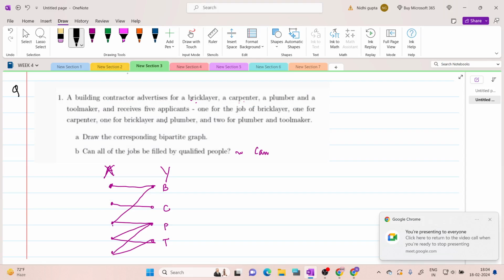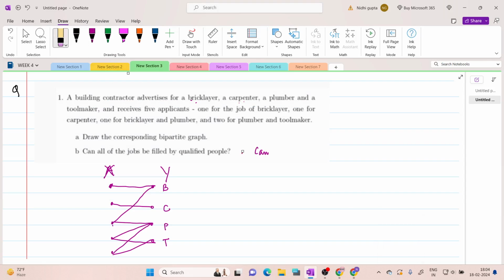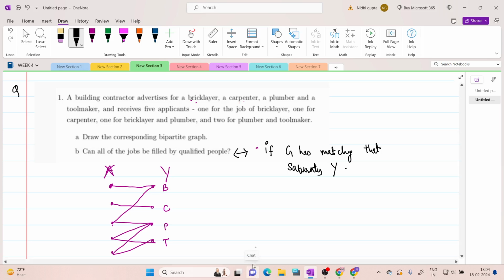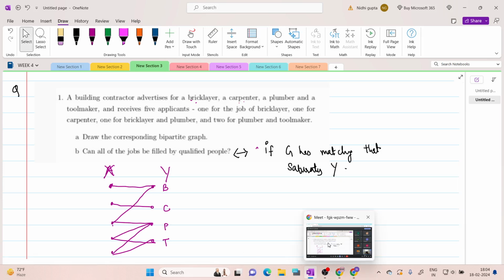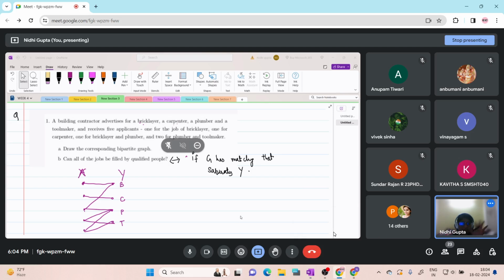This question is basically equivalent to asking if G has a matching that saturates Y. Okay, so the answer is yes.